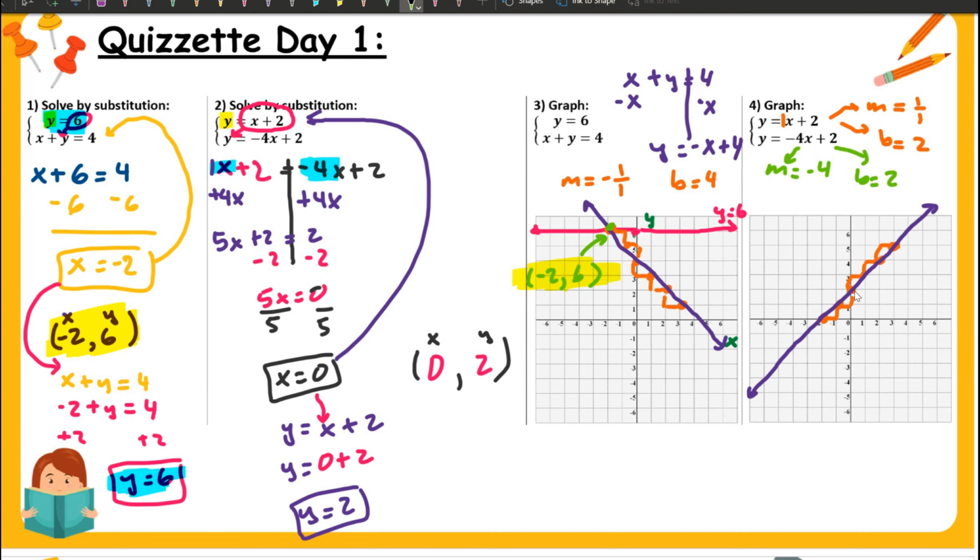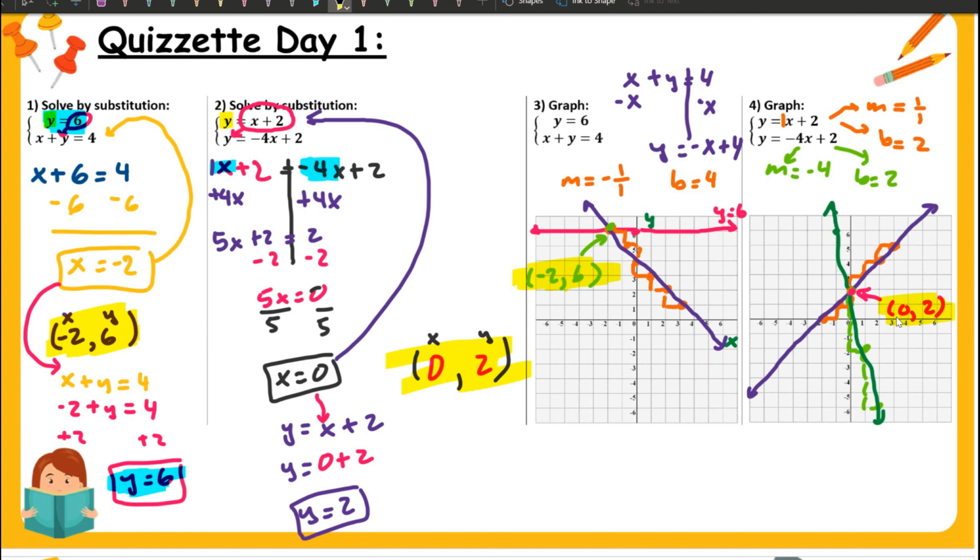So begin at 2, down 4, 1, 2, 3, 4 over 1. Then we draw the line through it. Don't forget to do the reverse, up 4 over 1. The two lines cross each other at this point, which is 0, 2, which matches the 0, 2 we had earlier.